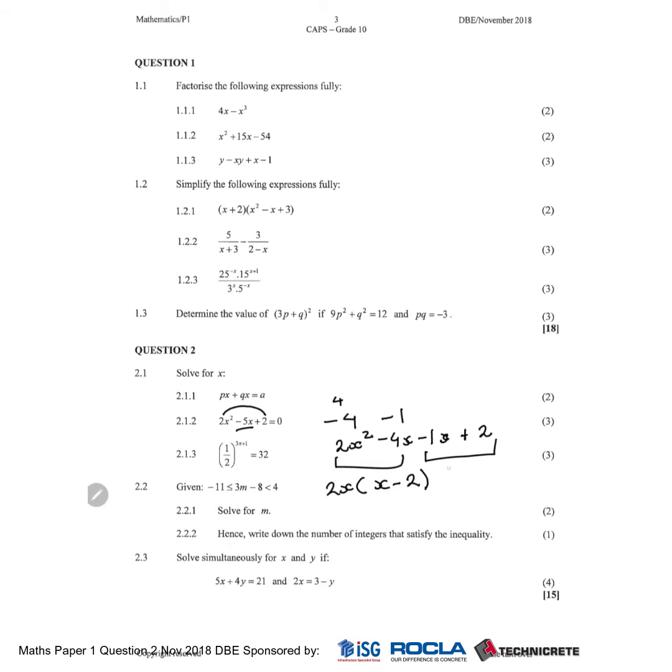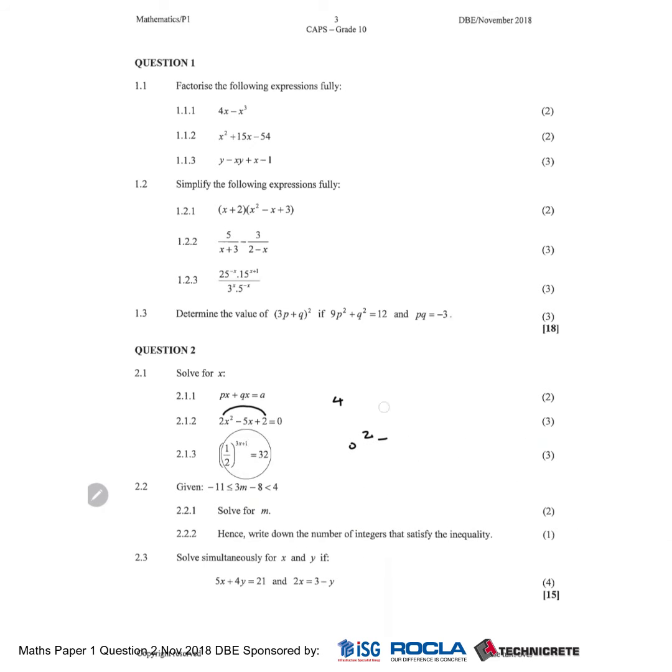And from this part I'll take out negative 1, and that will give me positive x minus 2. Then you see these two are the same, therefore we can simplify that further and say 2x minus 1 in one bracket, and the other bracket will be x minus 2, which equals 0.